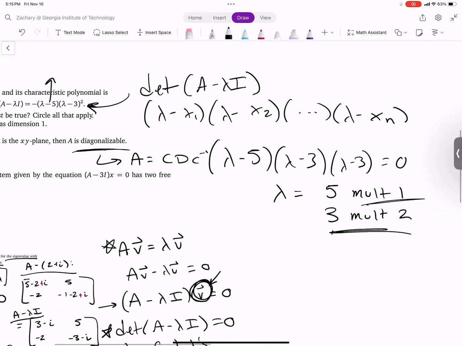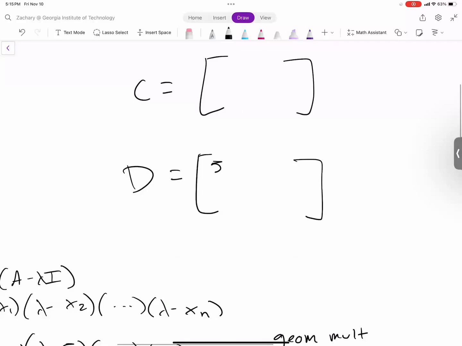So in this case, we have 5, we have 3, and we have 3. Okay? So D will always be able to be filled by the fundamental theorem of algebra. Okay? The question is, can we fill C? That is what diagonalization is. Do we have enough eigenvectors to fill up a matrix with respect to our eigenvalues?